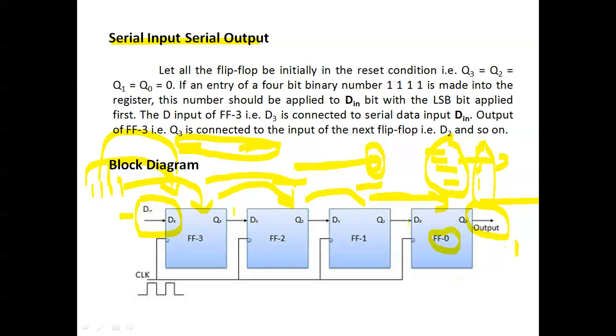Then on the fifth clock pulse it moves to the next one.